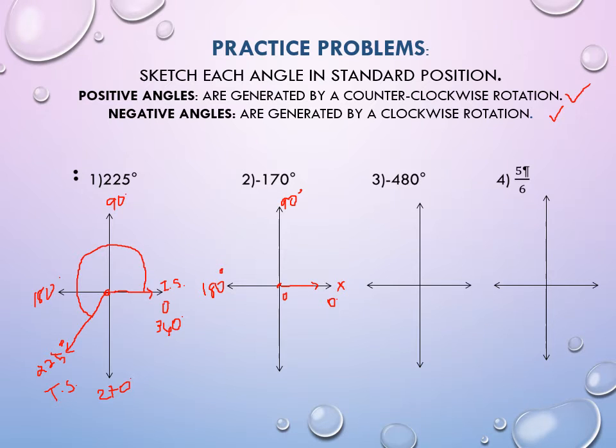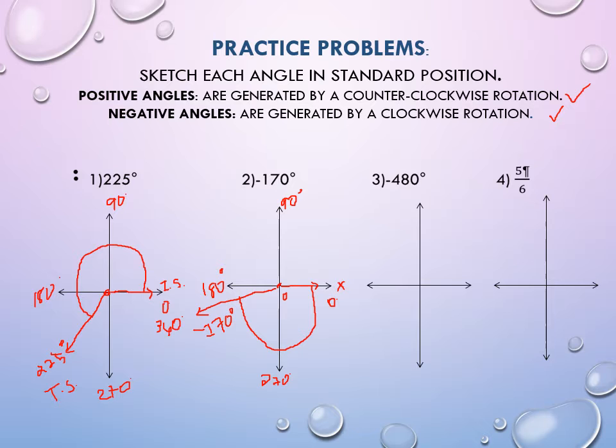Since it's divided in 4, we still have those 90 degrees here. And then it says 170. So if this is 180, we would have 10 degrees less. Our terminal side is going to be here, and it's clockwise. So this would be negative 170 degrees. This is how we would be practicing and sketching angles in standard position.